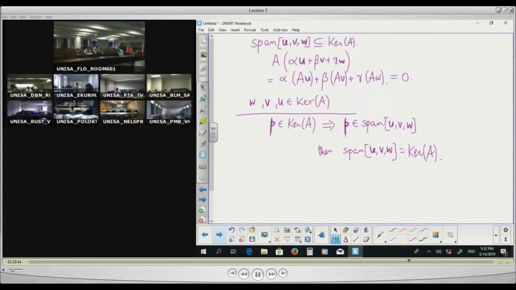But that doesn't tell me that the span of this is the whole kernel of A. It says only one side. For the other side, I have to show that if AP is equal to 0, then I can find scalars alpha, beta and gamma such that P is equal to alpha U plus beta V plus gamma W. If I can show both of these, then I can say that the kernel of A is the span of U, V, W.